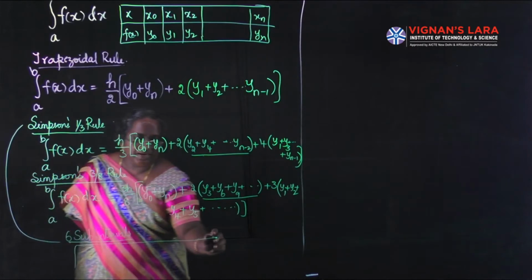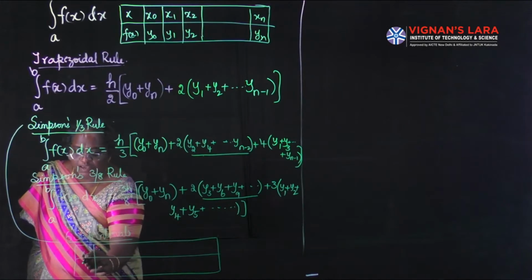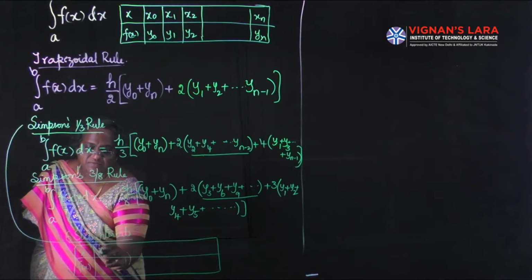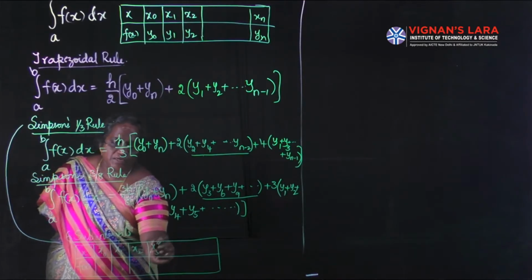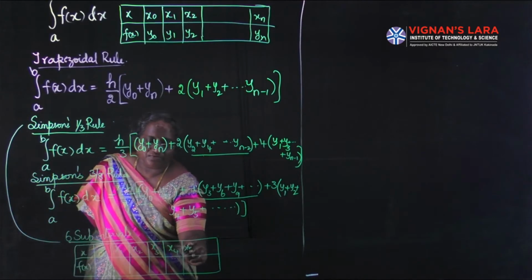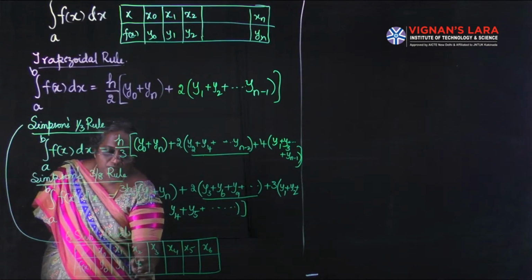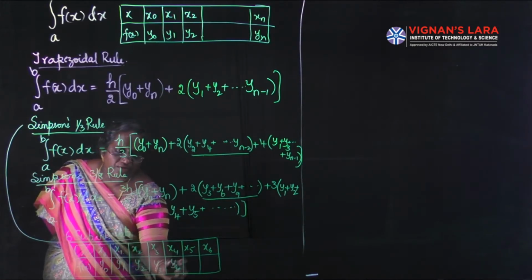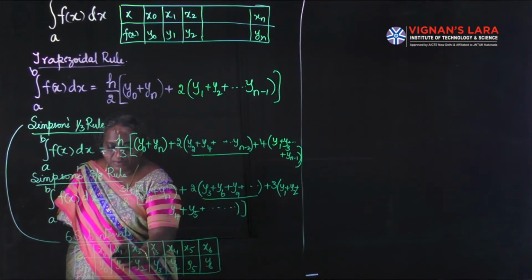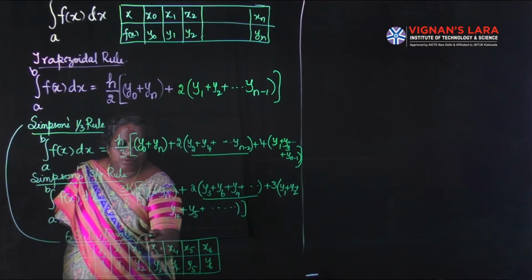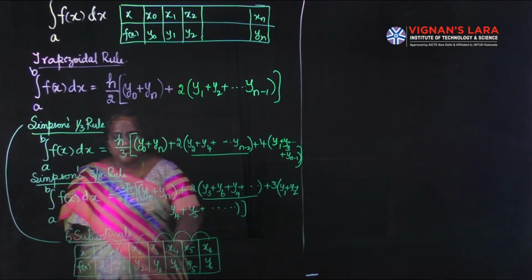Starting with x naught, x1, x2, x3, x4, x5 and x6, correspondingly y naught, y1, y2, y3, y4, y5, y6. See the subintervals here: 1, 2, 3, 4, 5, 6. 6 subintervals. That is how we have to divide.